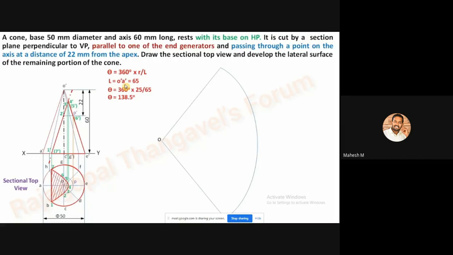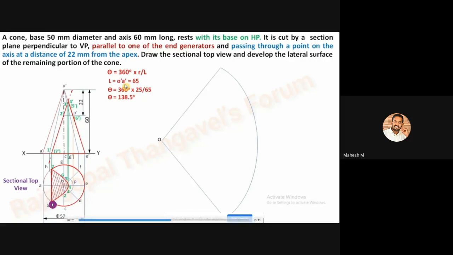Okay, so the angle will be 17.3 degree, approximately 17 or else 17.5. Take it as 17.5. Okay, so we can draw the diagram like that, or else similar to our previous pyramid concept, you can measure the distance of A to B with the compass.